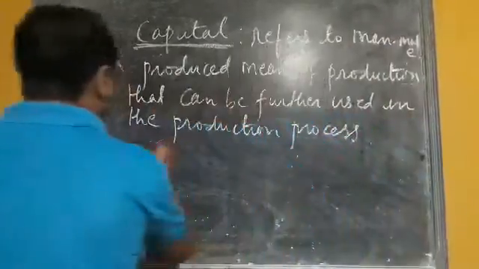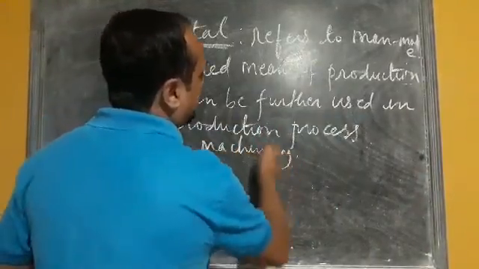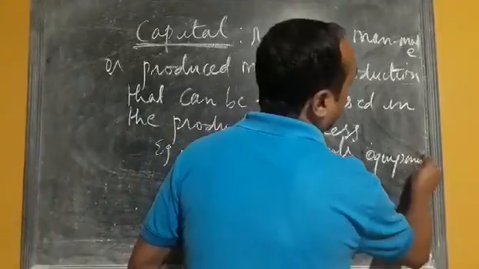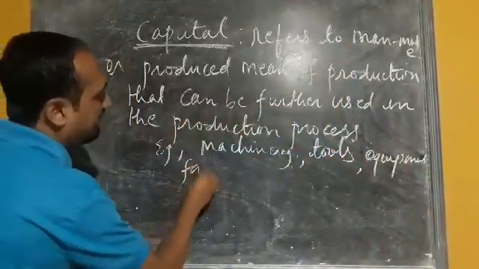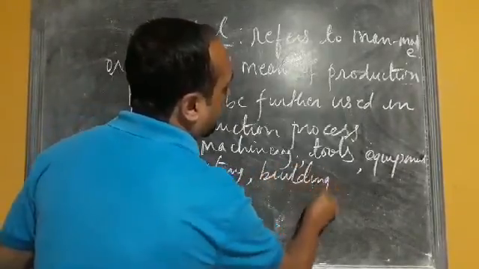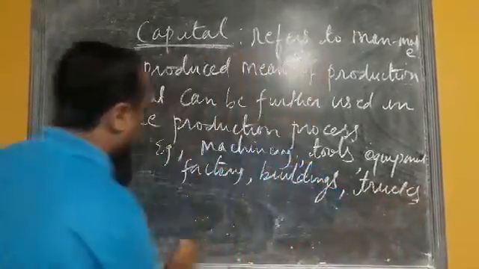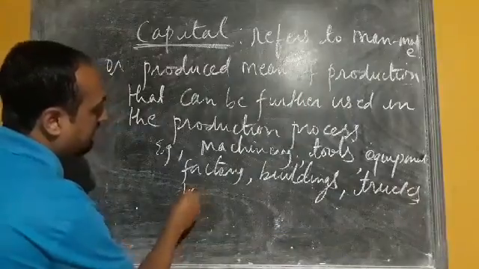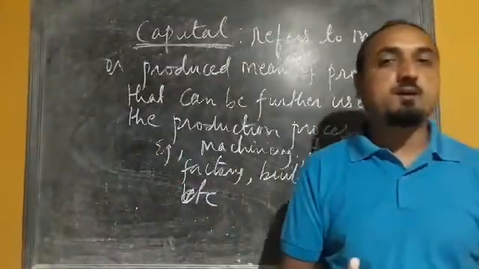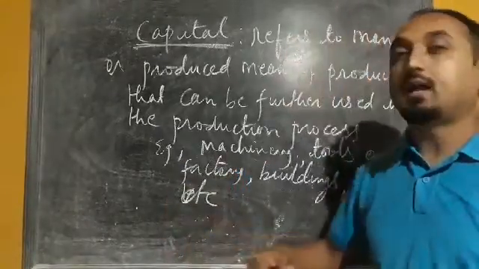So the examples are machinery, tools, equipment, factory, buildings, trucks, different vehicles, etc. So different types of machinery.